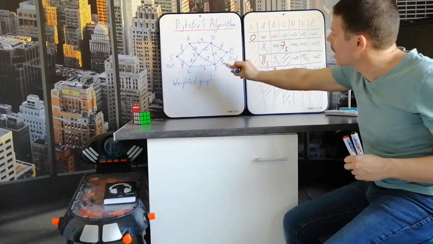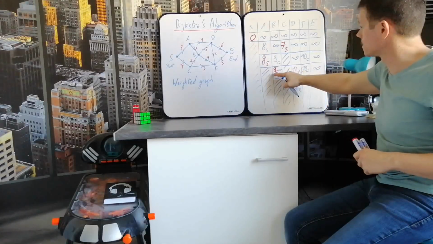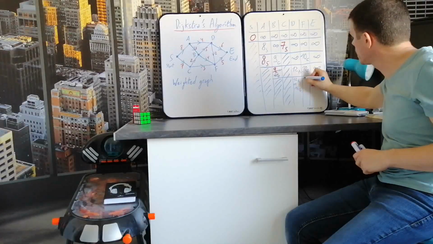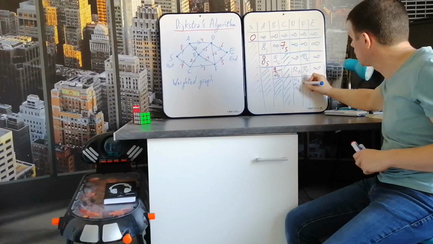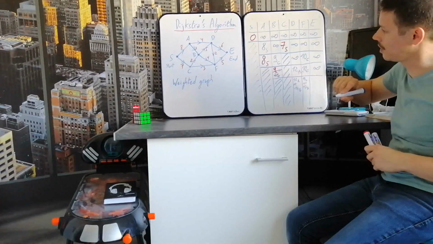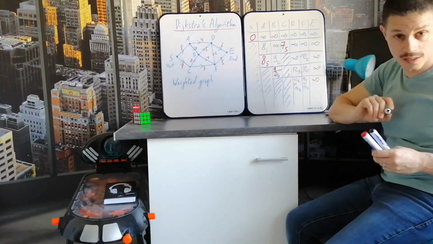Okay. I can go to F with the distance of 4. So 9 plus 4 will be 13. But I already had a 10C or 13B. Okay, and from B I can't go to E, so E will keep the infinity symbol.